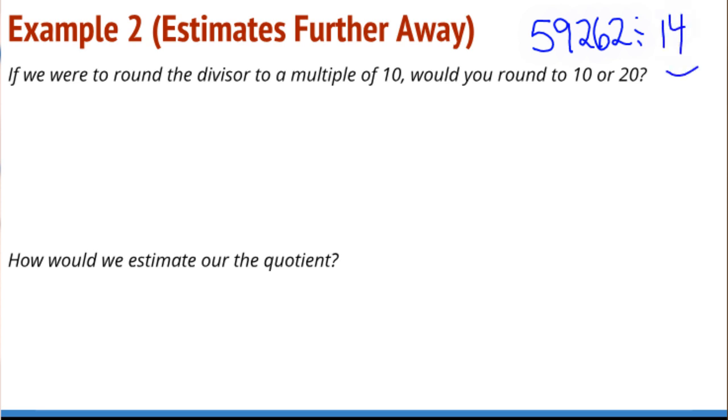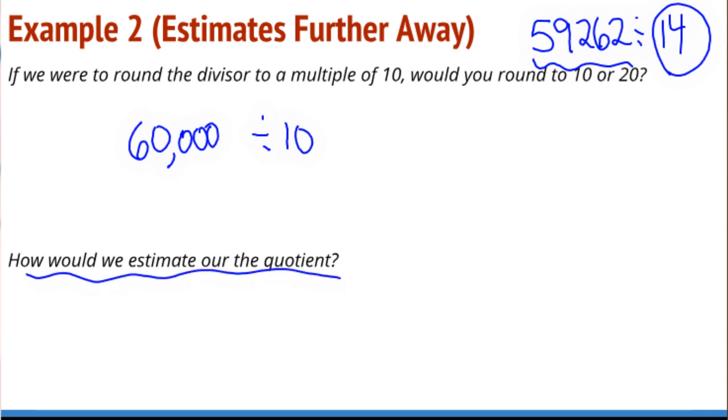So would I round 14 to be 10 or 20? Normally, we would usually round that to be a 10 because 4 tells us to round down. And then taking a look at the 59,000, we would probably round that to be 60,000.